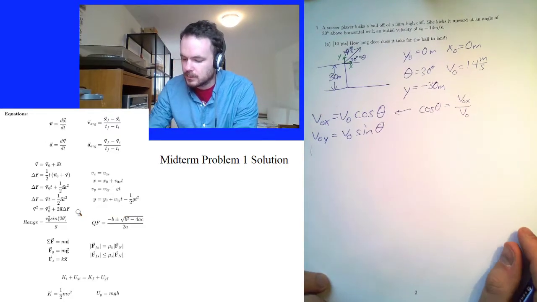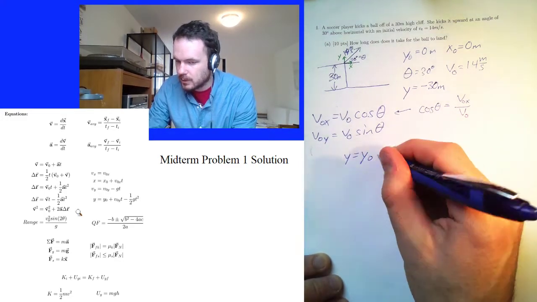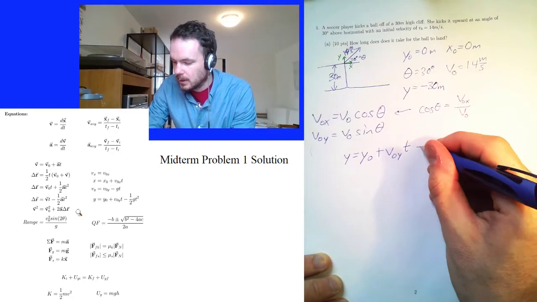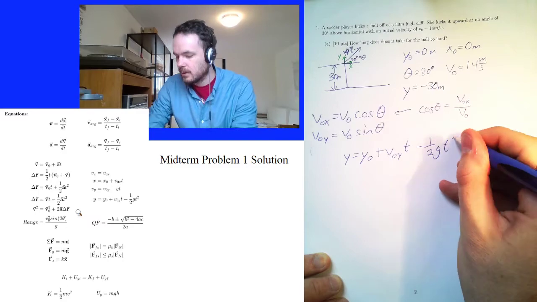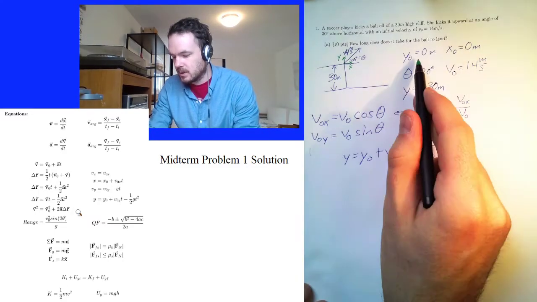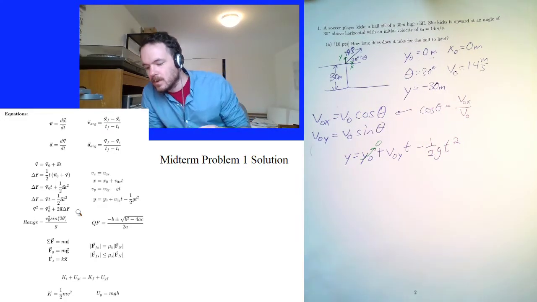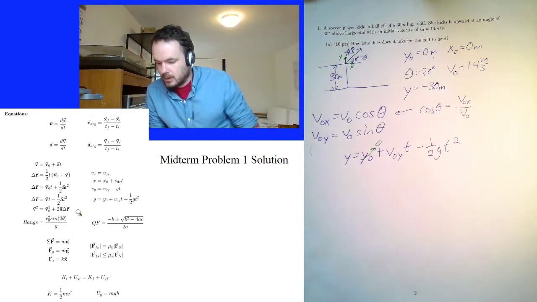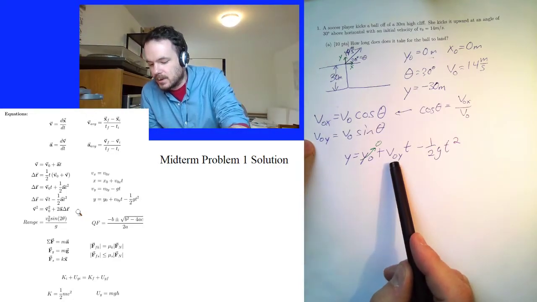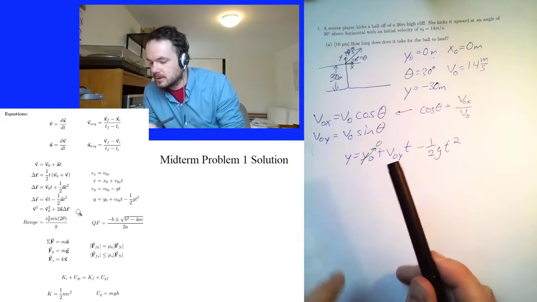So let's write that one down. y equals y0 plus v0y t minus 1/2 g t squared. Okay, so I know a couple things. One, my y0 I set to be 0 meters, so I can cross this out. That goes to 0. And let's see, I know y final. I know v0y, just found it with my trig. And I know g. So the only thing in this equation that I don't know is t.